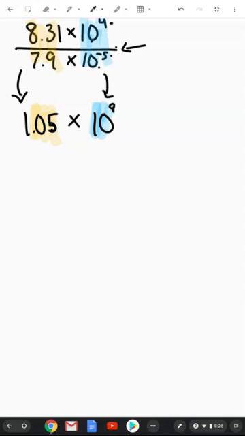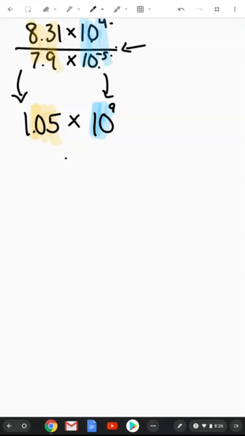I'm just going to leave it as 1.05, because that's probably the furthest decimal place you're going to be asked to provide when you're giving these answers. So 8.31 divided by 7.9 gave me 1.05, and I rounded to the nearest hundredth and didn't do all the digits that came after it.